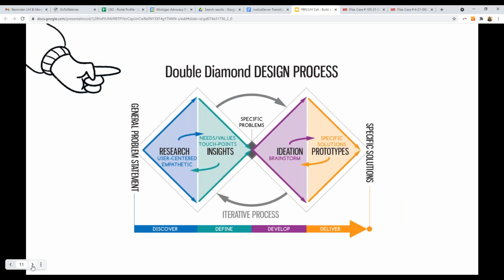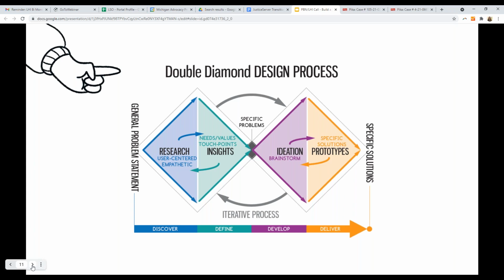So there are a lot of different visualizations of the UX design process. This is one model that we really like called the double diamond. You'll see this a lot if you Google UX design. What this visualization does a really great job of capturing is that there are these divergent points where you're doing a lot of information gathering.